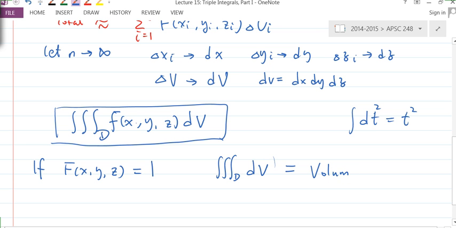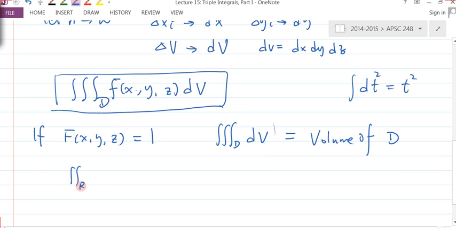You get the volume of this region D. Just like one assignment, how do you get the area of an ellipse? You take R as the ellipse, integrate dA, and you get the area of R. So that's a very simple application.